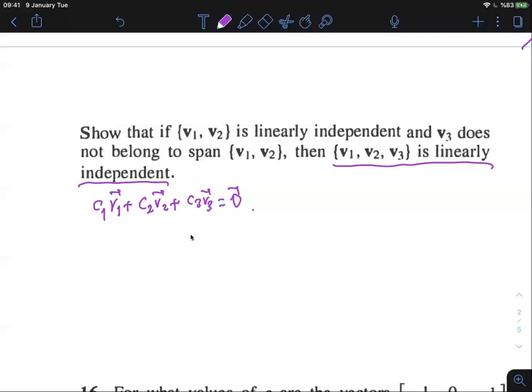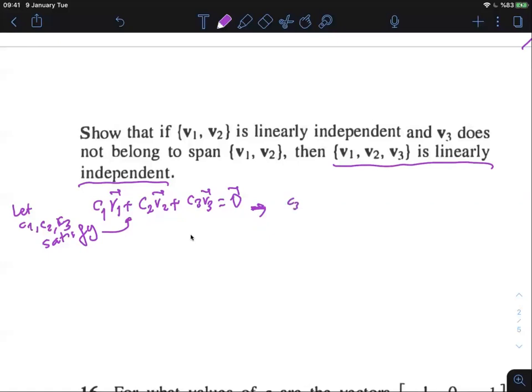Okay, so suppose C1, C2, C3 be a solution of this equation. Let C1, C2, C3 satisfy this equation. So that means there are two cases.